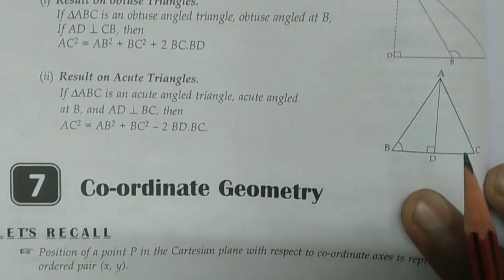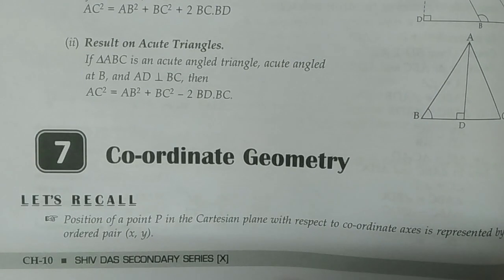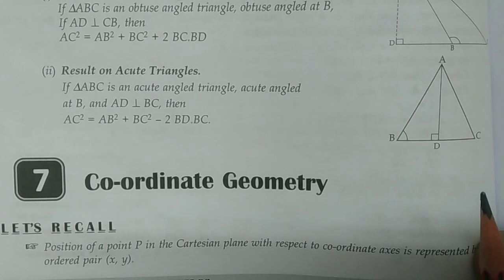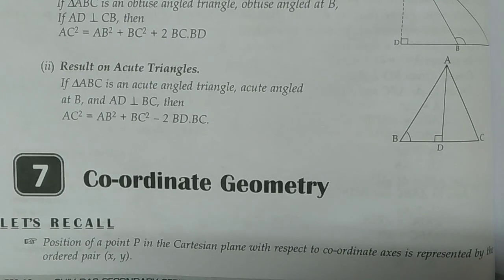So we can cover this coordinate geometry from here, and I am covering all these things from the Shivdas sample paper. It's very important for you to keep practicing, and this is really very helpful. I have made many videos from the Shivdas sample paper, and I have completed all chapters of social science and English literature.